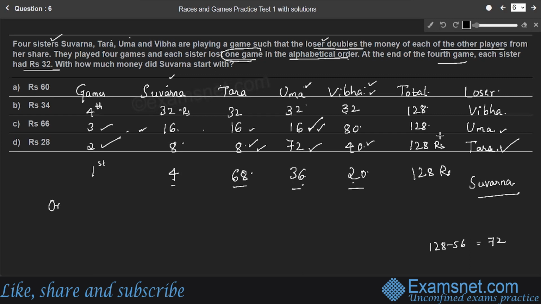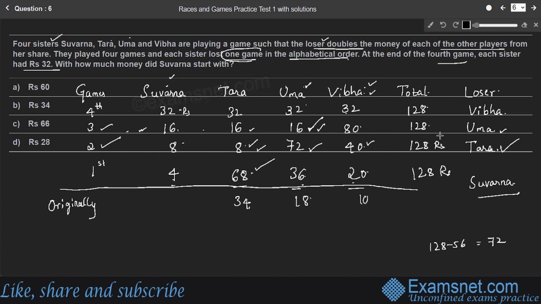So originally, Tara had how much? 34 rupees. Her original money was 34 rupees and it got doubled in the first game, right? So how did it get doubled? She took some money from Suvarna because she was the loser, right? And Uma had 18 rupees, Vibha had 10 rupees.